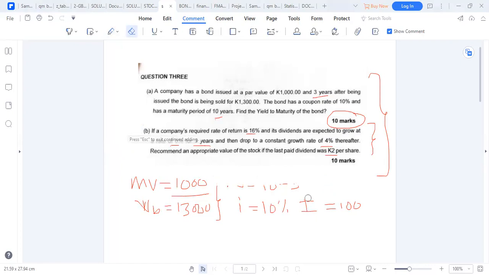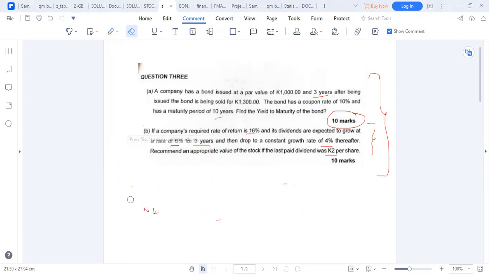We've been given the growth rate for the first phase, which is 6%, and the growth rate for the second phase, which is 4%. So G1 is 6%, G2 is 4%. What else are we given?